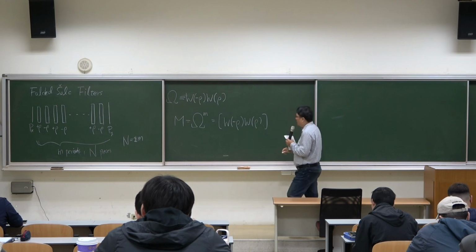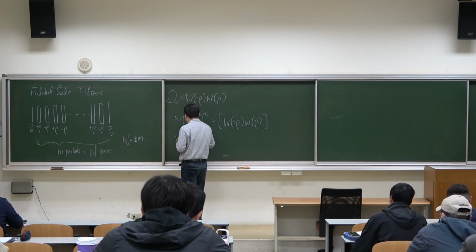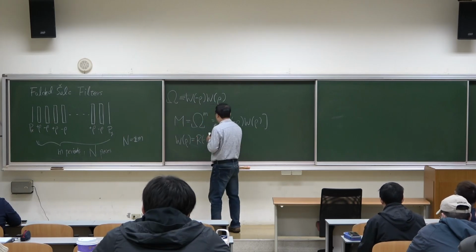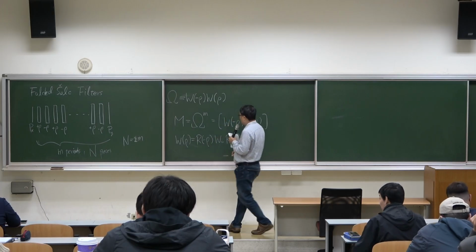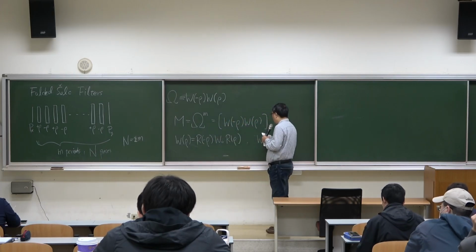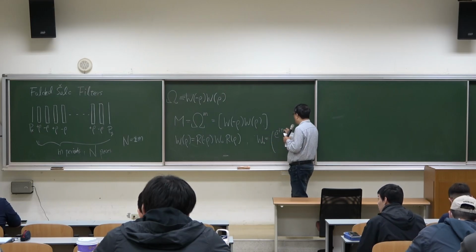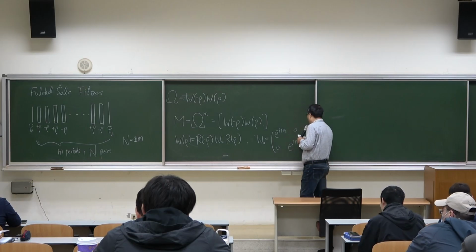Okay. Here W rho means R minus rho times W0 times R rho. Here W0 is this: exponential minus i half gamma, 0, 0, exponential i half gamma.